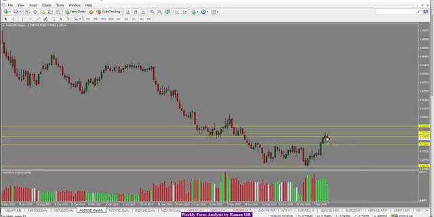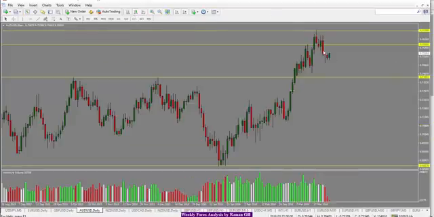Looking at Australian dollar here, we saw a nice rejection of the highs. We saw a bearish weekly candle. And as far as the daily is concerned, we also see downward pressure here. So for Australian dollar, we are looking at this 7580 level or 7600 level as an important level.